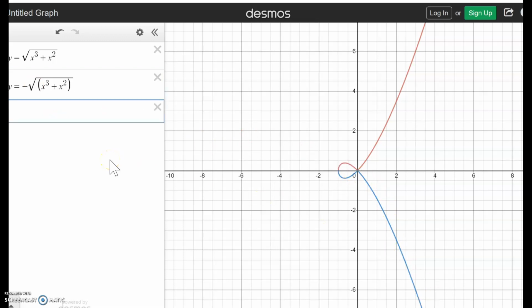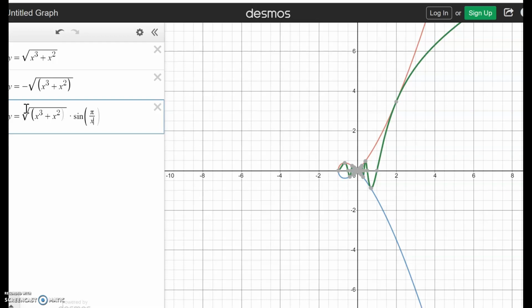And then finally, the last one involves sine. So y equals the square root of x cubed plus x squared, and then times sine of pi, and I believe you can just type pi for pi, divided by x, closing parentheses there.